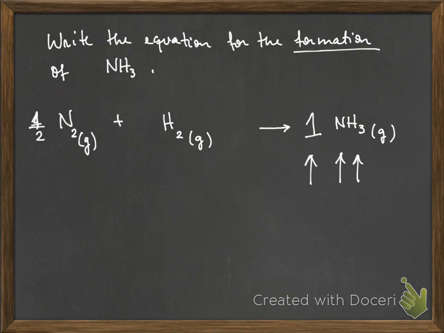So I need half of 2 to obtain 1. The right side of the equation requires 3 atoms of hydrogen. On the left side, I have 2. So to end up with 3, I need 3 halves of 2. 3 halves of 2 gives me 3.